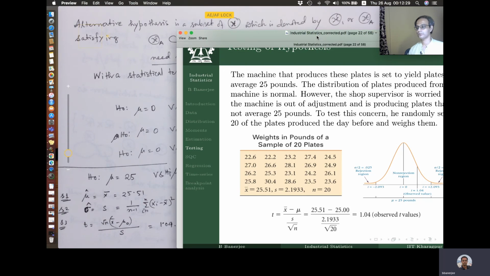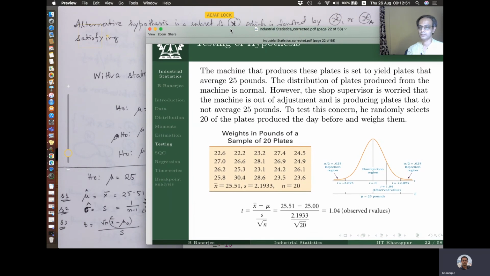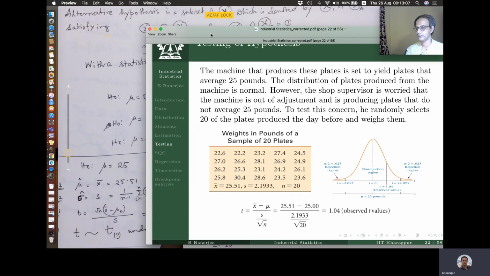Now what do you need to do? Step 4: find the exact or asymptotic distribution of the test statistic under H naught. It follows a T distribution with 19 degrees of freedom, n minus 1 degrees of freedom, under H naught.